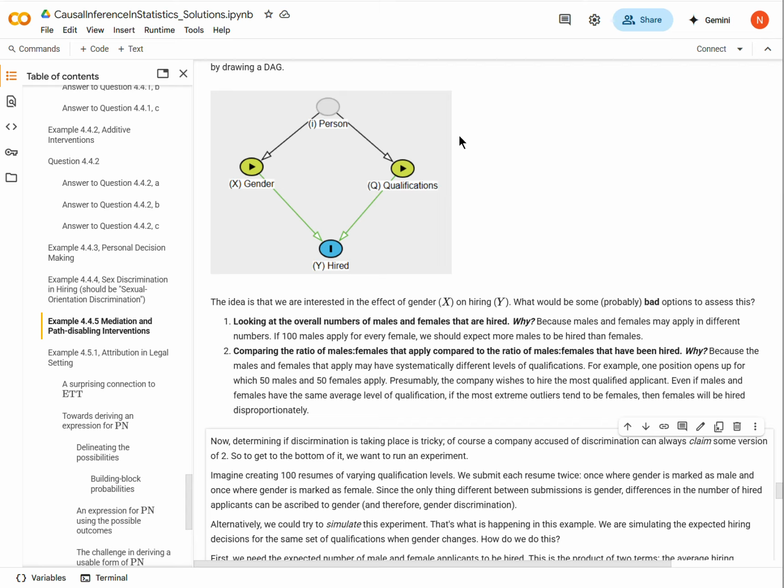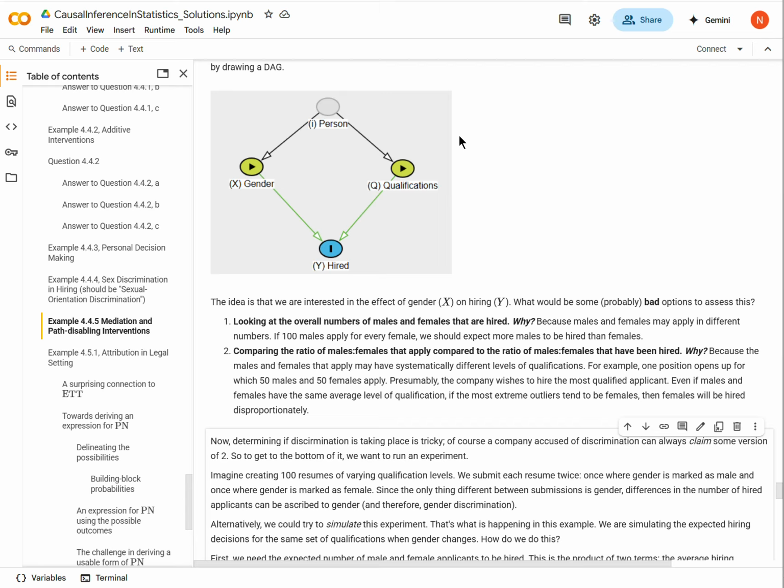Well, now differences between the male applications versus female applications would be due to gender. And now we could rightfully say that there was a bias here, right? Because both males and females had the exact same sets of resumes, right?